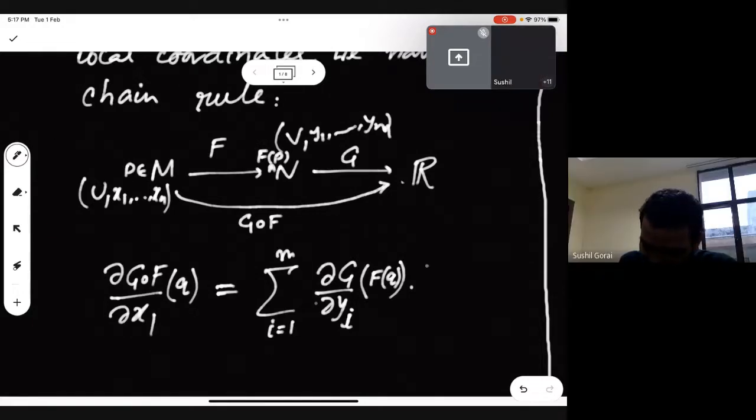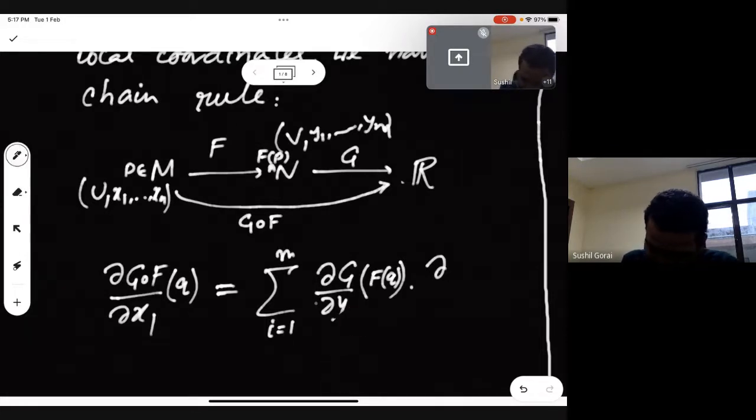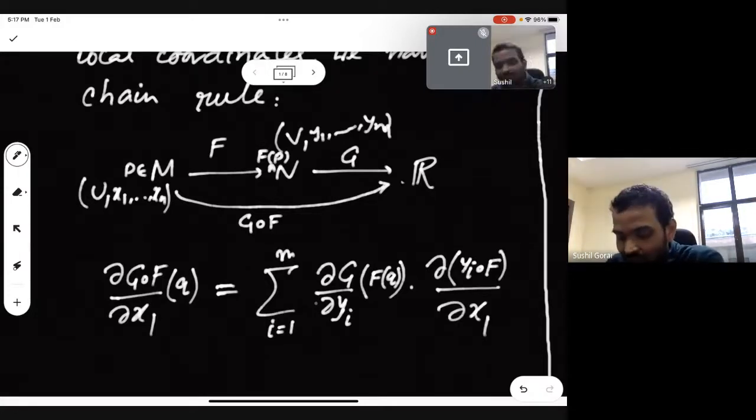No, here it is the ith component, right? So you need to make sense of that. So this is the sum over i, and then you have the ith component, del of yi compose F by del x1, where F goes from M to N. Does this make sense?